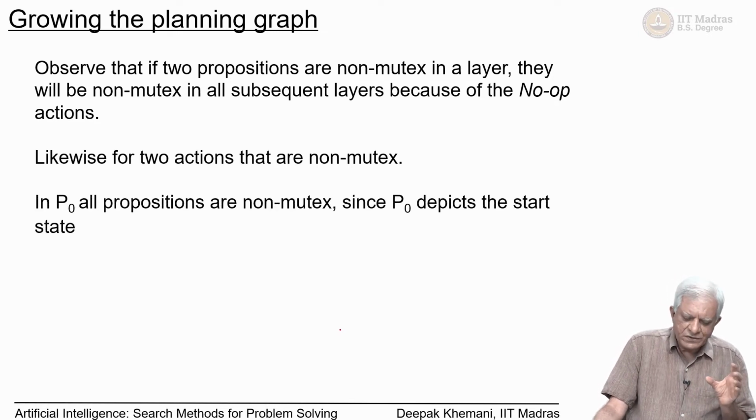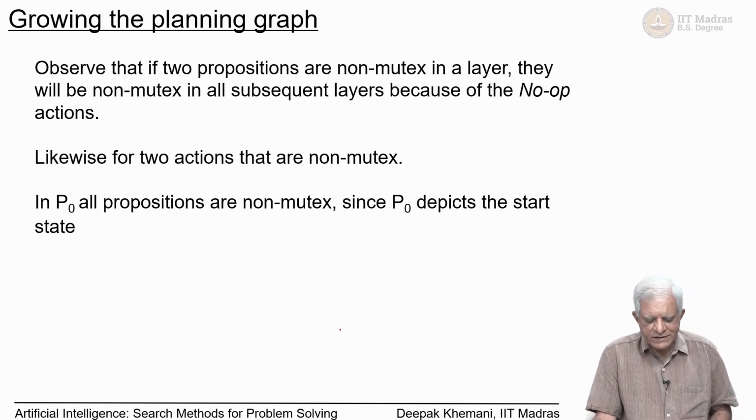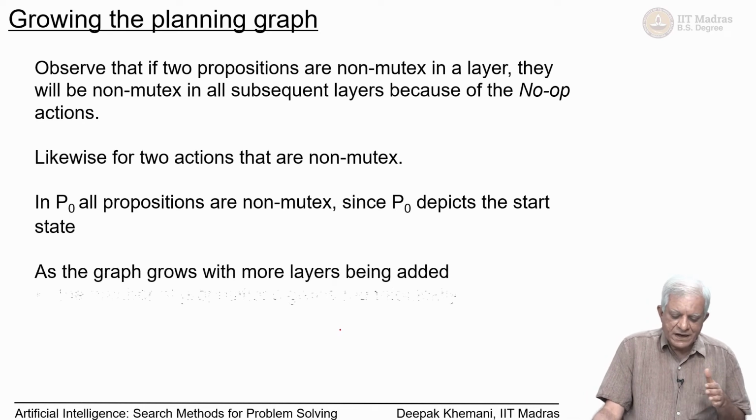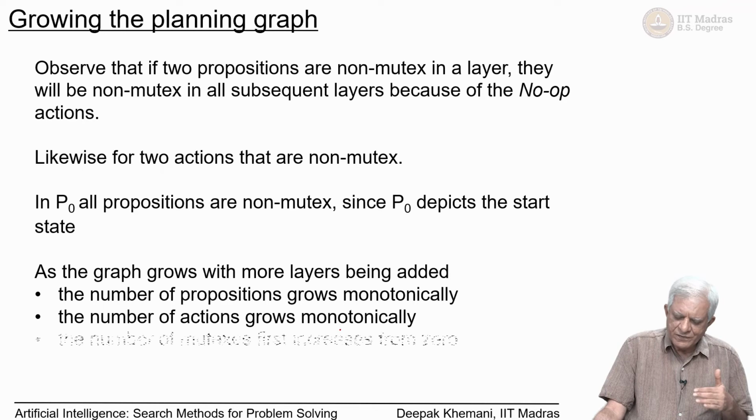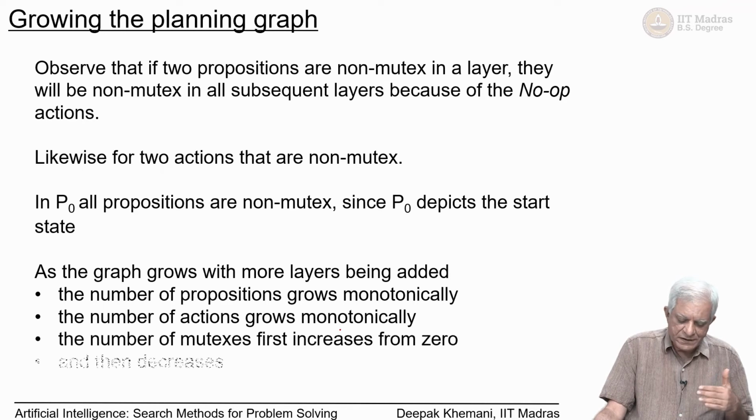In P0, the start state, all propositions are non-mutex because P0 depicts the start state and it is something which exists, all the propositions can happen together. As the graph grows, more layers are being added, the number of propositions grows monotonically, the number of actions grows monotonically. We have seen that the number of mutexes first increases and then gradually they decrease.